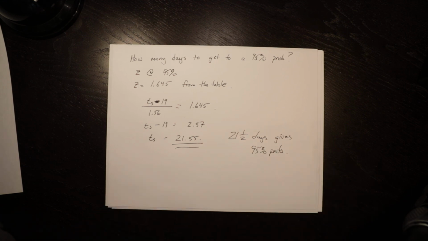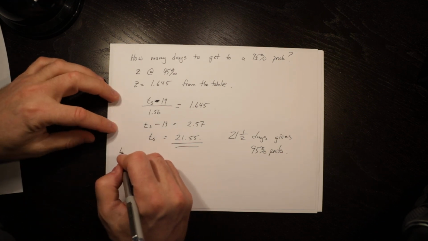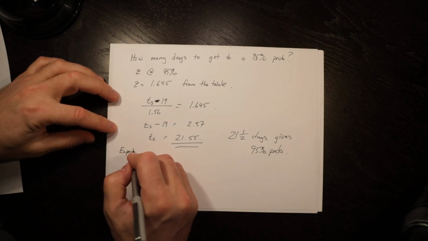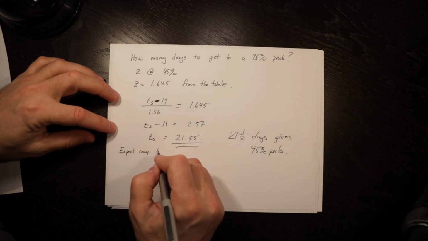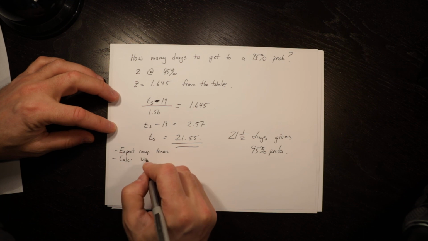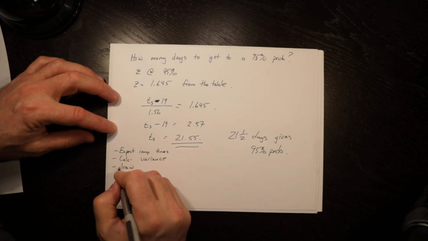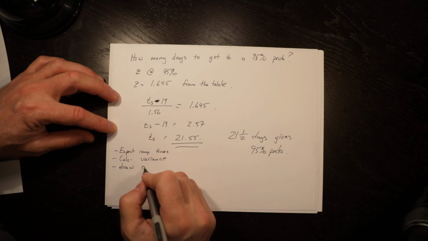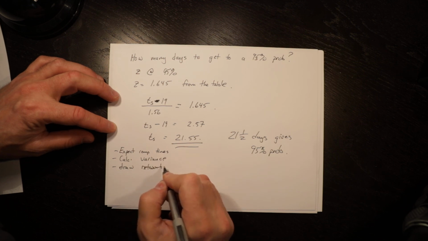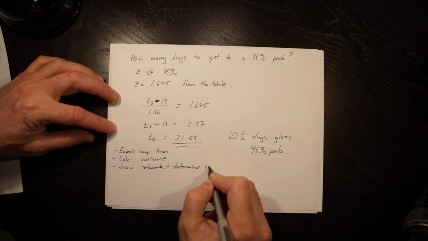So, incorporating variability: calculate expected completion times, calculate variances, draw the network, and determine critical paths.